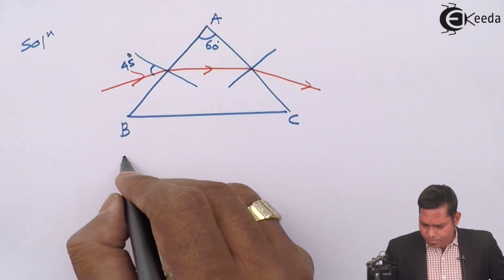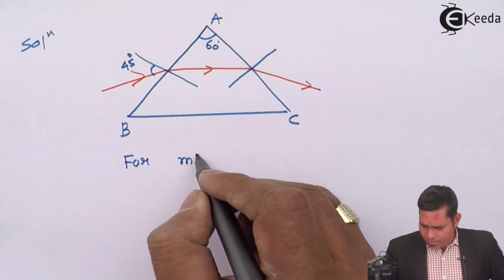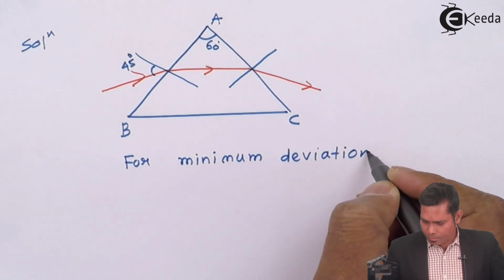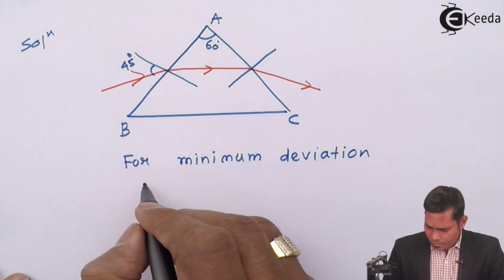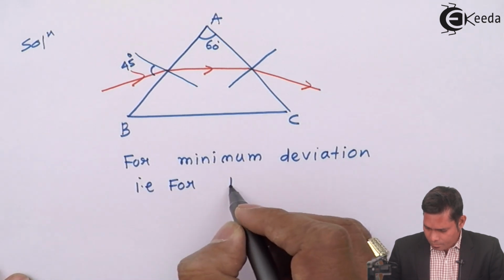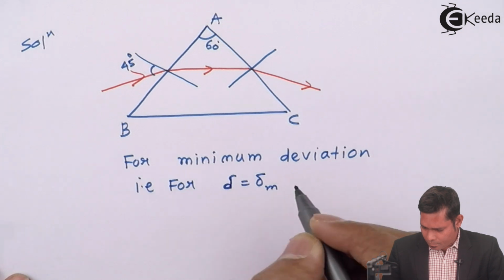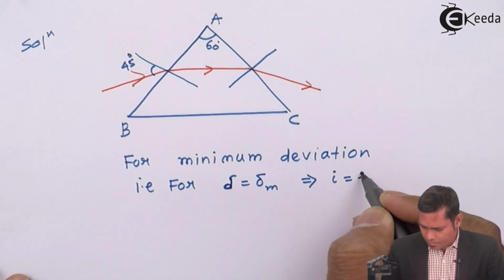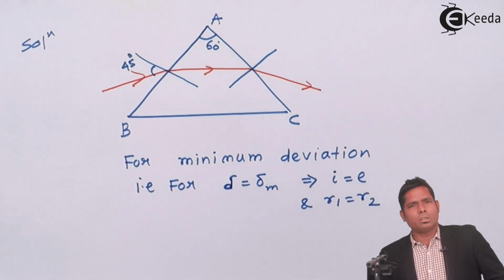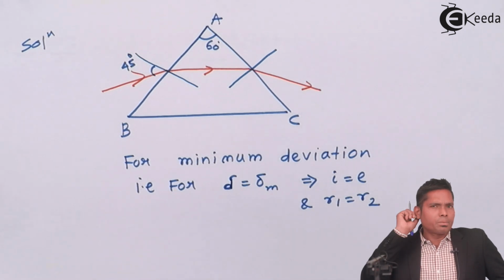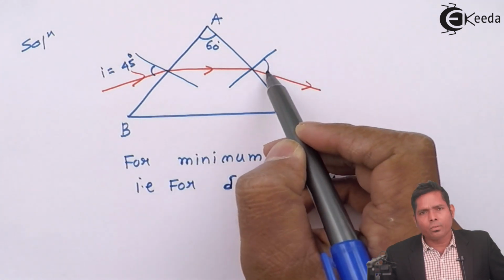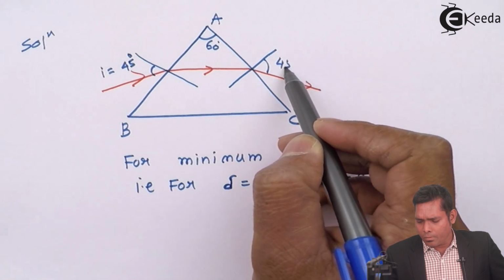For minimum deviation, when ray suffers minimum deviation, in that case the angle of incidence I equals the angle of emergence, that is E, which is obviously 45 degree.